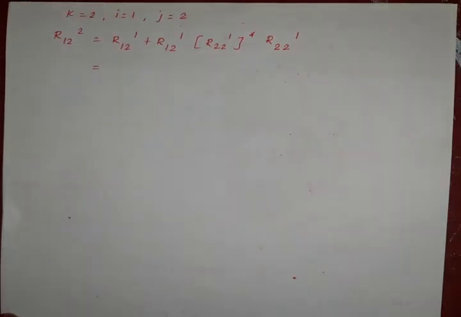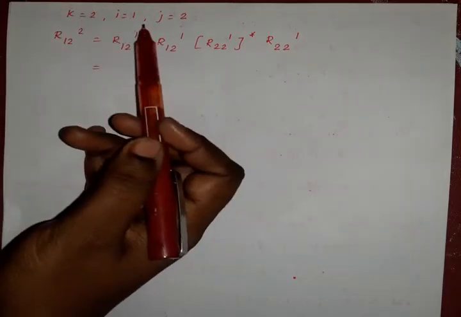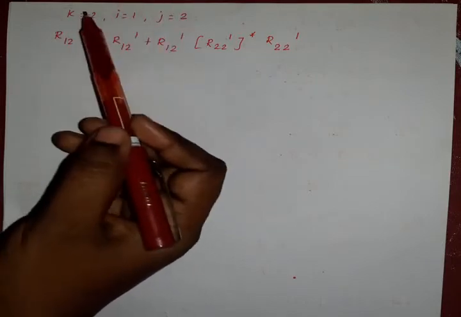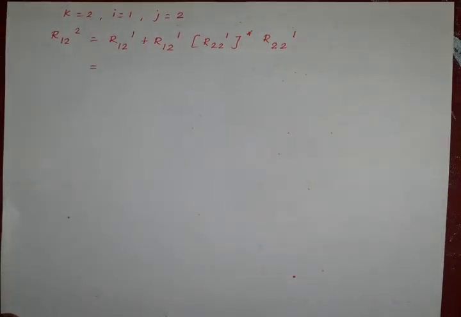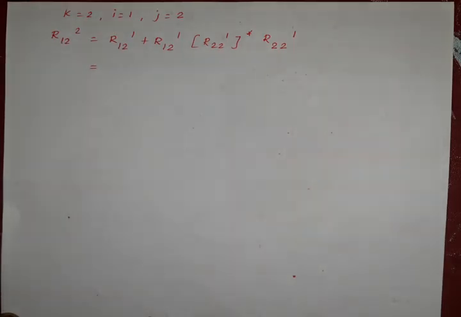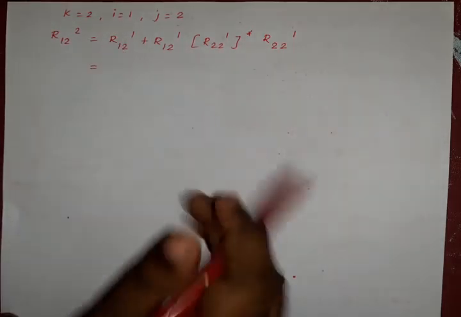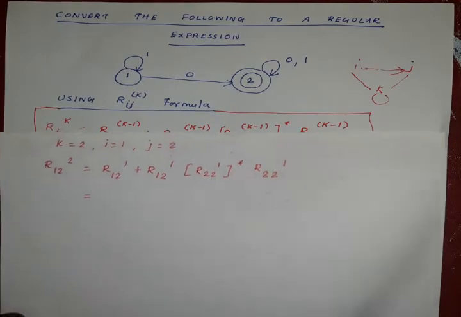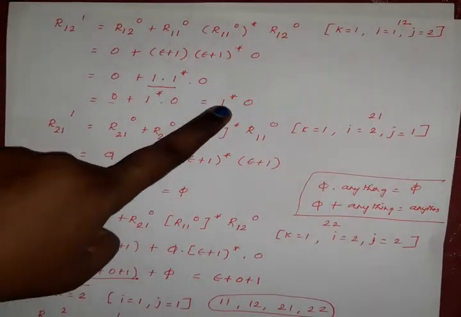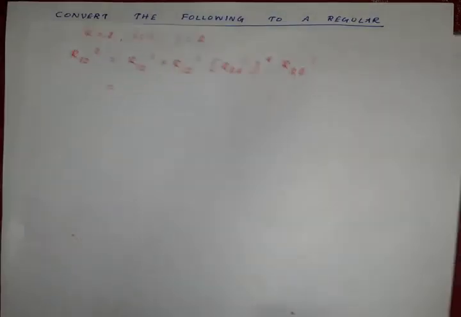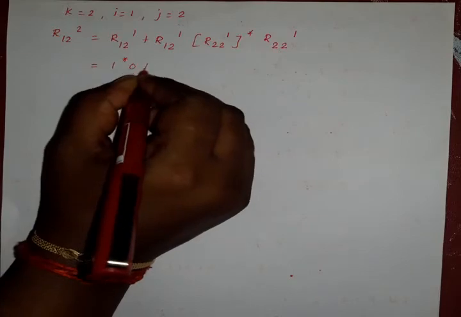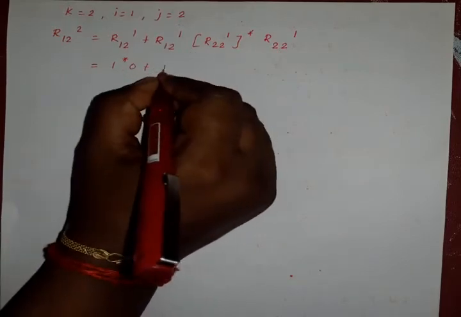Next, for k is equal to 2, change the combination. i is equal to 1 and j is equal to 2. Apply these three values in the R_ij^k formula. We get the regular expression like this. So we are going to substitute the values. R12 power 1 value is 1 star 0. So we substitute 1 star 0, and the same value R12 power 1 is 1 star 0.